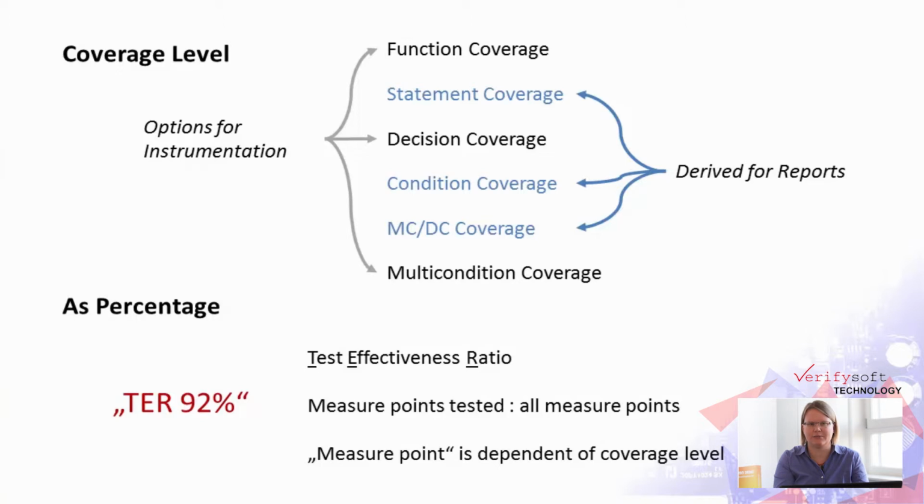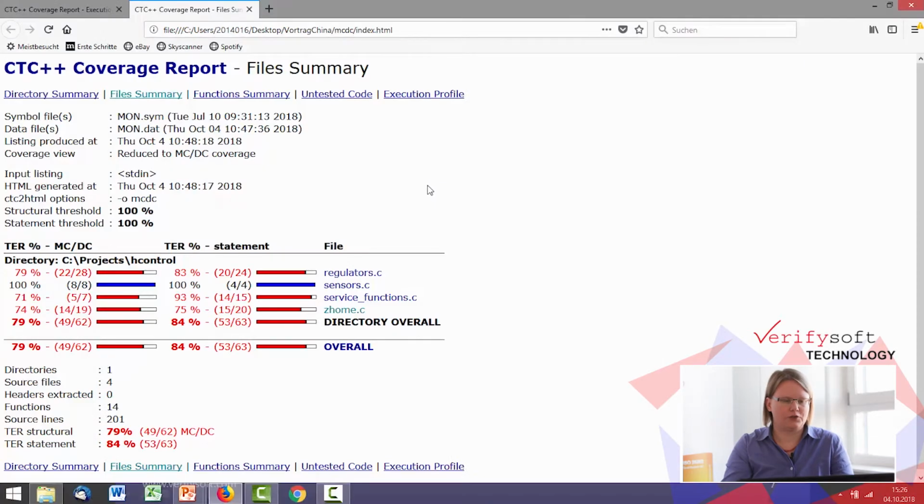Testwell CTC++. And now we can take a look at the reports, and I would like to explain something about them. First of all, when you switch to the report, we show an overview over every file of your source code.